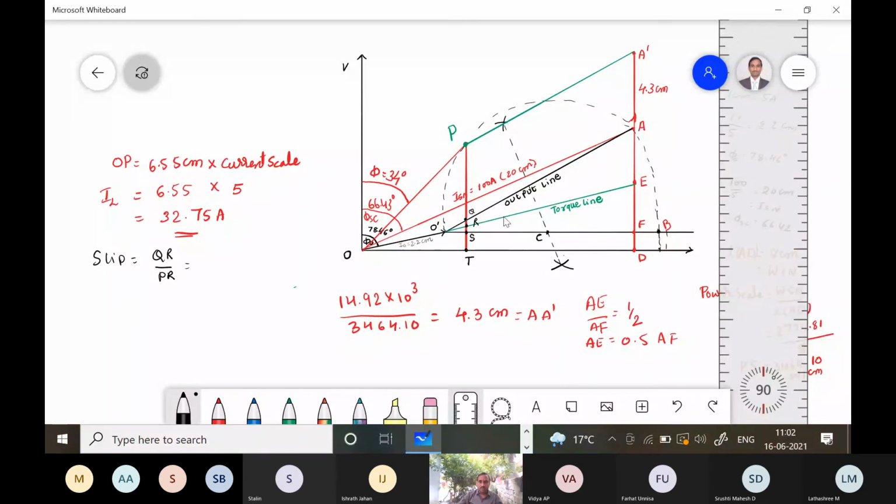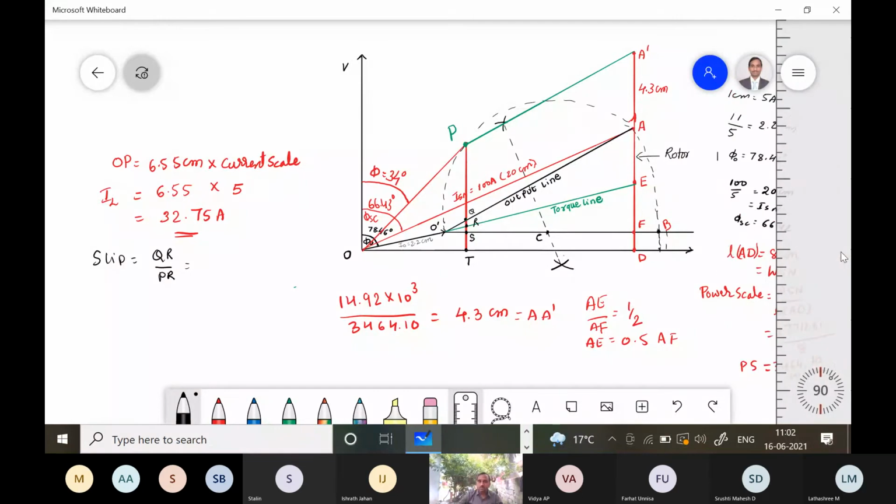QR is the rotor copper loss. So this is the rotor copper loss. This is the stator copper loss. So this is the fixed loss.